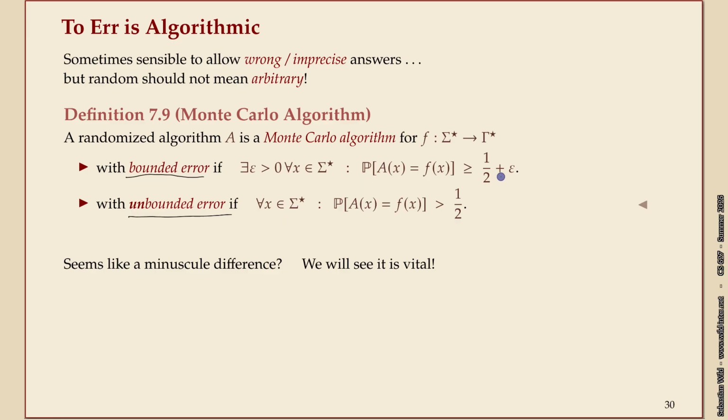So you could say it's the same as above, but you swap the quantifiers, right? For every x, there is an epsilon, so that the probability is stricter than 1/2, but the epsilon may depend on the input. Whereas here, it's crucial that this error probability is independent of the input. And this may seem like a nitpick, but we'll see that's important for theoretical and practical reasons.